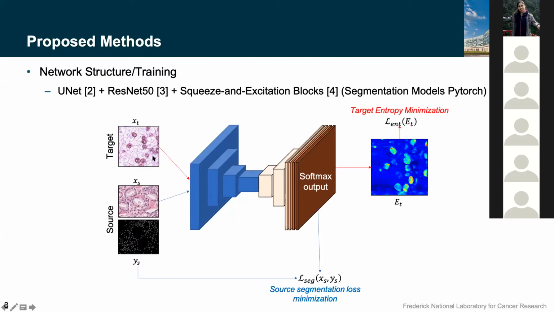At the same time, the target images are fed to the network, and we calculate Shannon's entropy of the testing images. As you can see, there are regions of interest showing high entropy values. The objective of our second loss function was to minimize those high entropy values in the testing images.